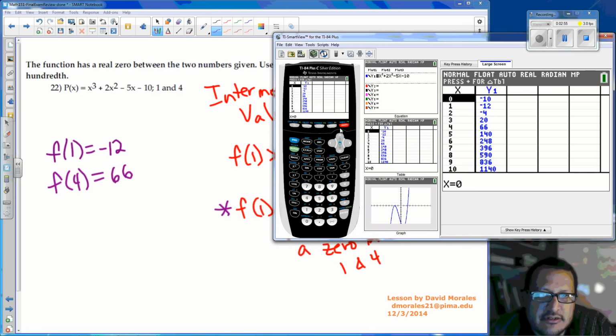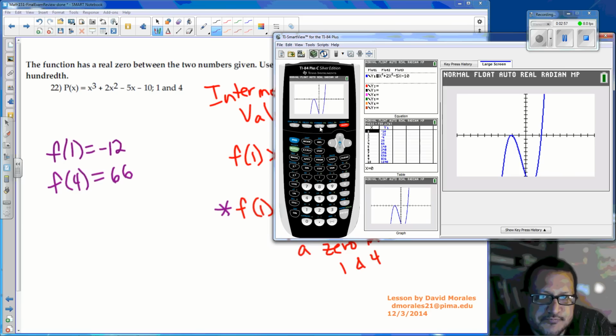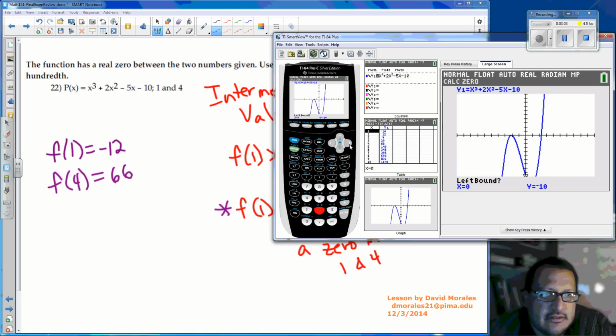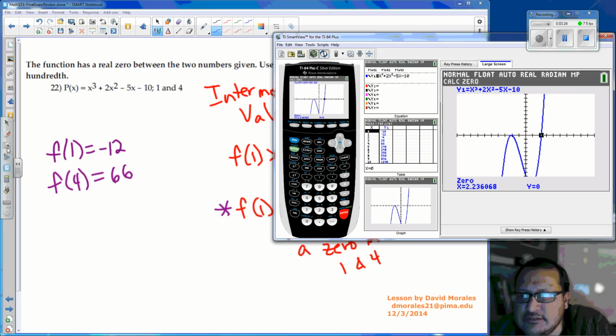So what we do here is we're going to go to calc, zero, number 2. Now we're going to try to get close. The closer you are, the better. Here's the left-hand side. Here's the right-hand side. And our guess somewhere right there.